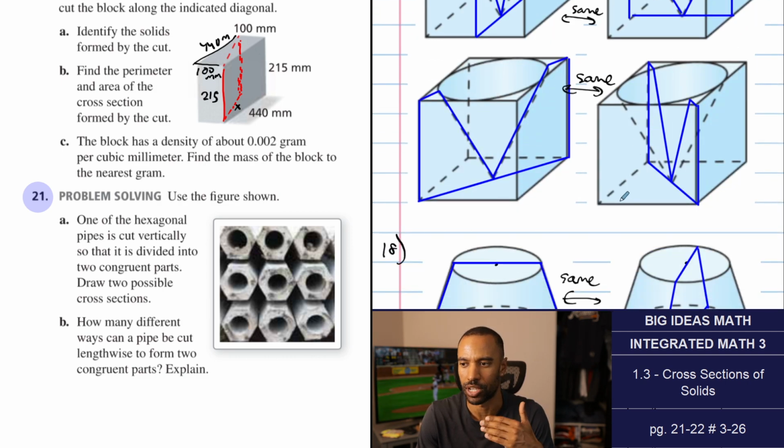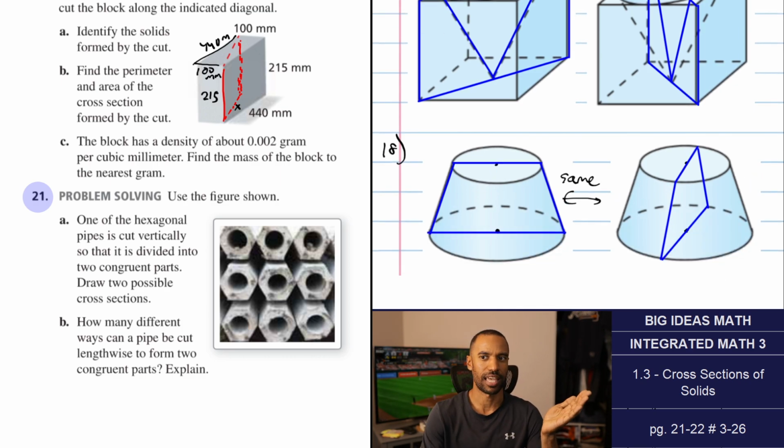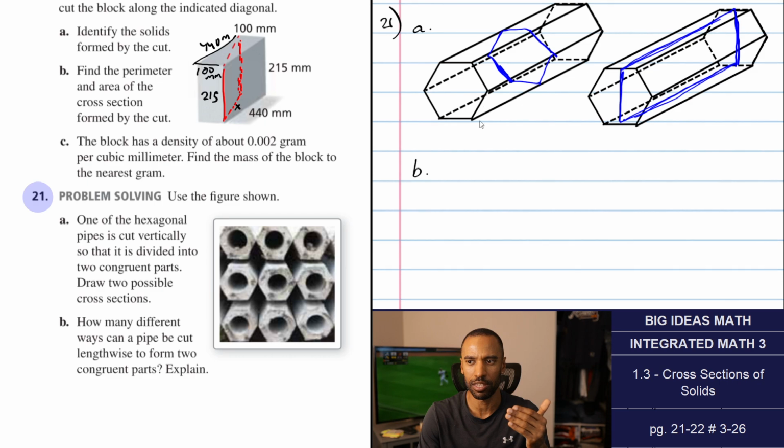I can do from the corners. Especially this one, this can be infinite. I think that's just that answer, right? You can do it infinitely many ways as long as you go through its center. I don't know what they mean by lengthwise, but if I go from this end to this end like that, I'll still get two congruent parts no matter what.